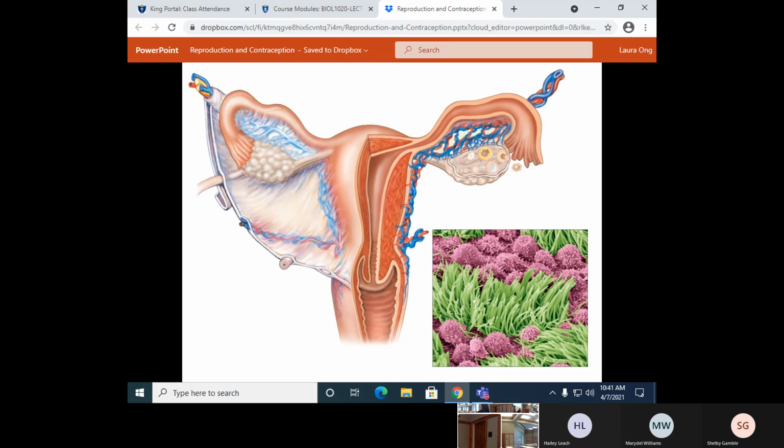Endometrium is the lining of the uterus. And the real function of it, what it's for, is to, let's say, nourish and support early development of an embryo.